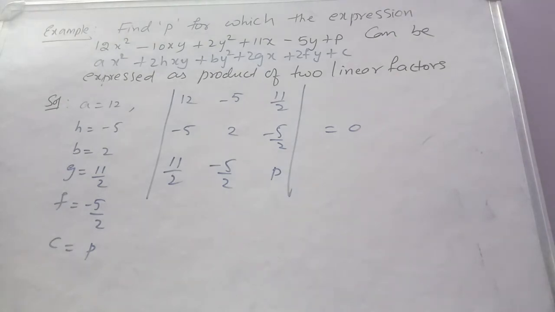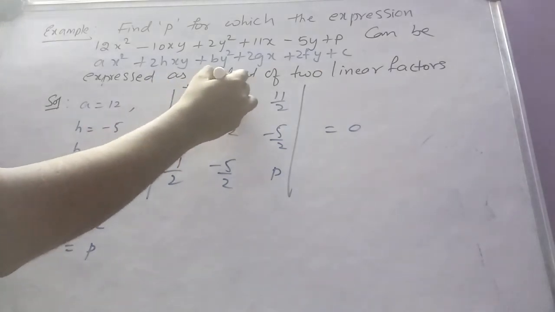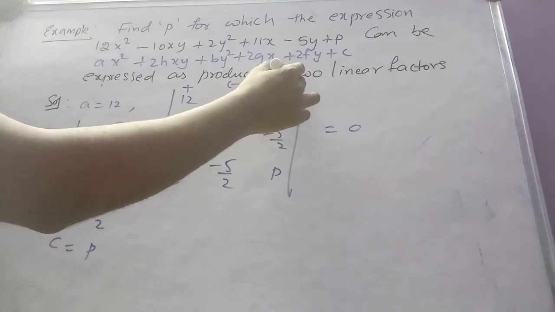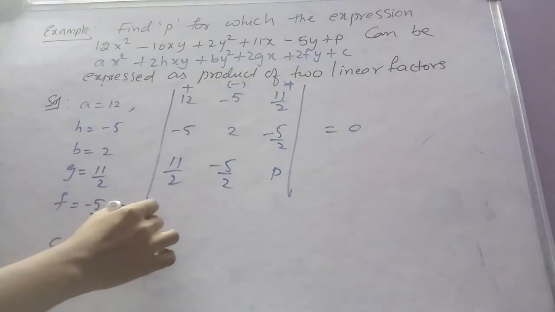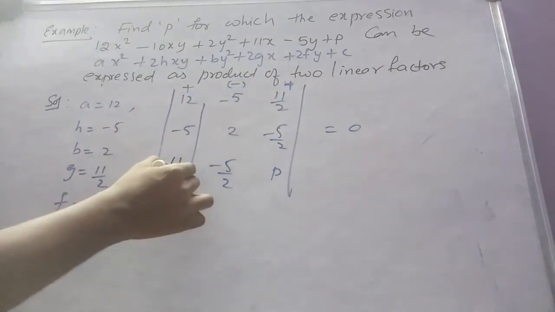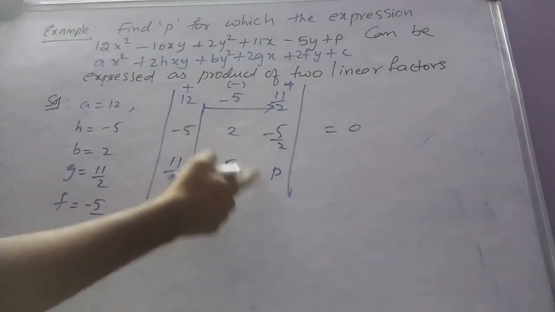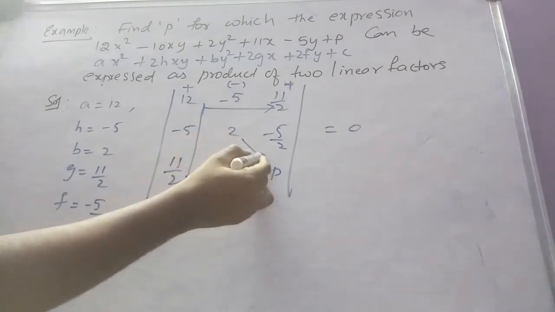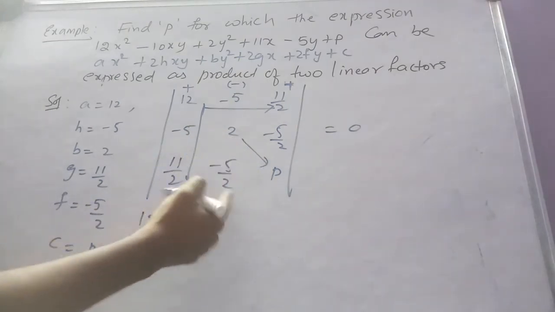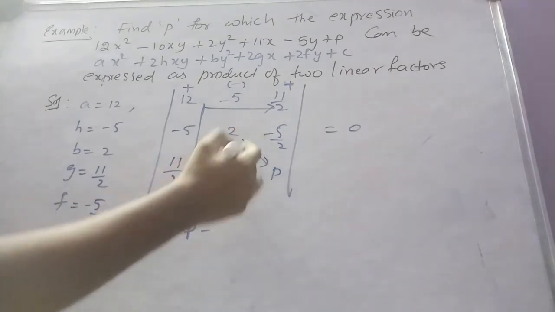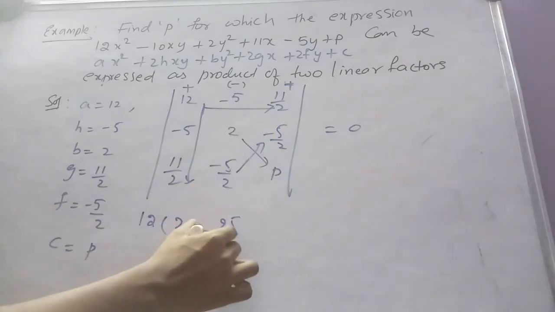So I hope that you already have a knowledge of how to expand the determinants. If not, no problem. See how to expand. We will take this is plus, this is minus, and this is plus. Plus 12 into, ignore this row, ignore this column and take the determinant of this 2 by 2 matrix. What is it? 2p minus of, minus of this into this. That means 25 by 4.